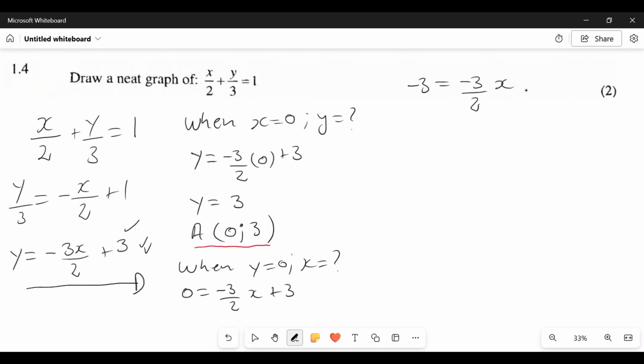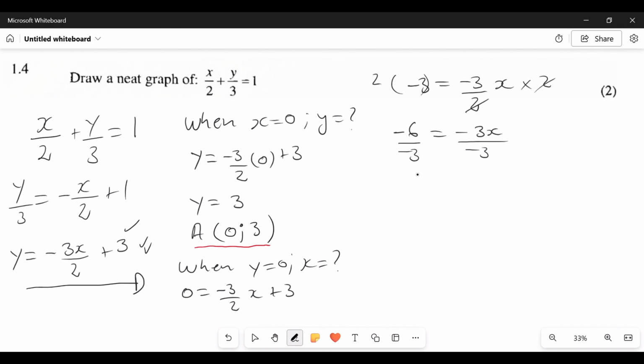And then from there we multiply by 2 throughout, guys. If you multiply by 2 throughout, this 2 and that 2 will divide each other. And then on the left side, you're going to have -6, and then we're going to be left here with -3x. And then we divide by -3 throughout.